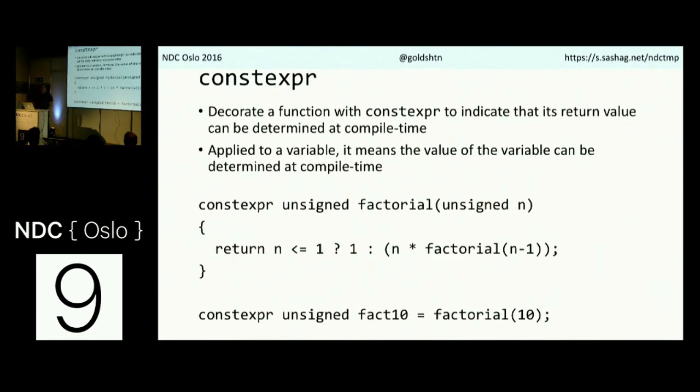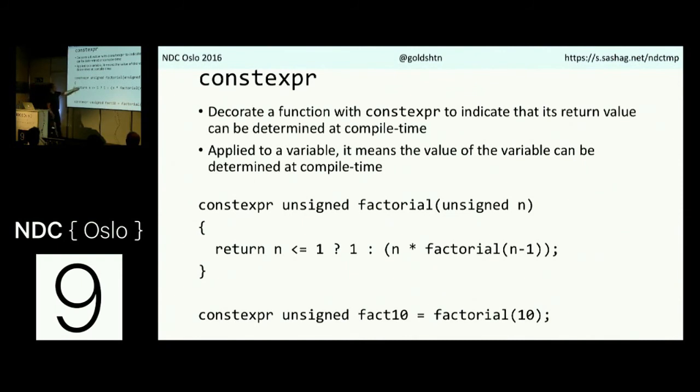So first of all, we can replace a lot of these recursive templates with constexpr, which was introduced in C++11. When applied to a function, constexpr means that in some cases, the value that this function returns can be obtained at compile time. So you don't have to actually invoke it at runtime. You can just run through that function at compile time and get the output.